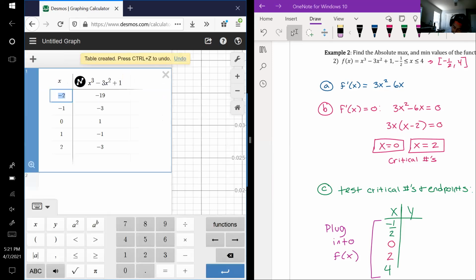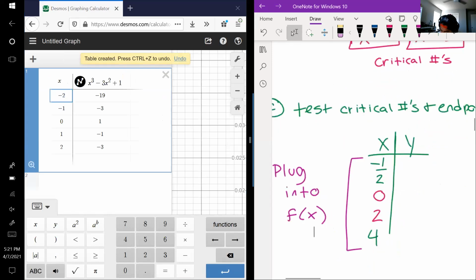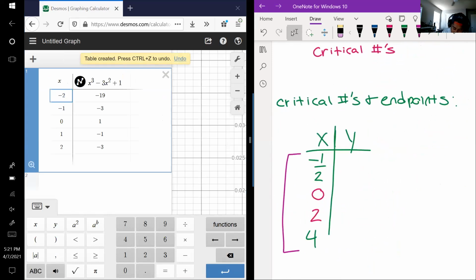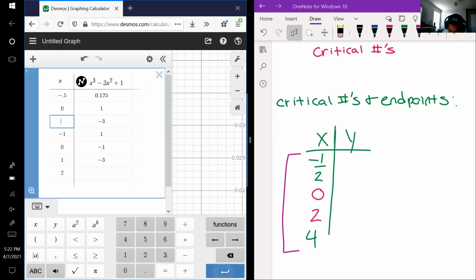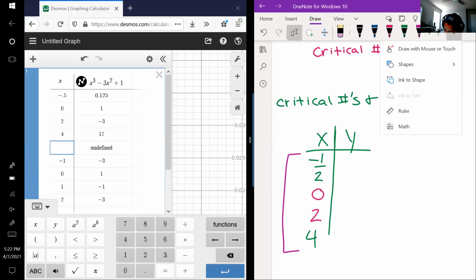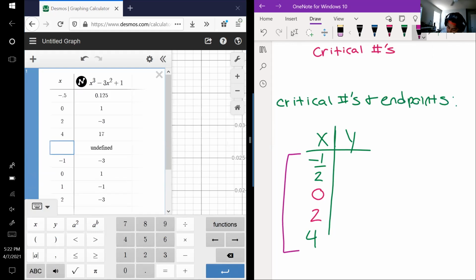And then I'll do the table feature, and I get negative 0.5, 0, 2, 4. For negative 0.5, we get 0.125; for 0, we get 1; for 2, we get negative 3; and for 4, we get 17.